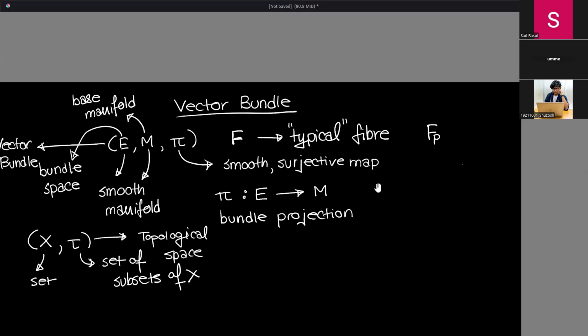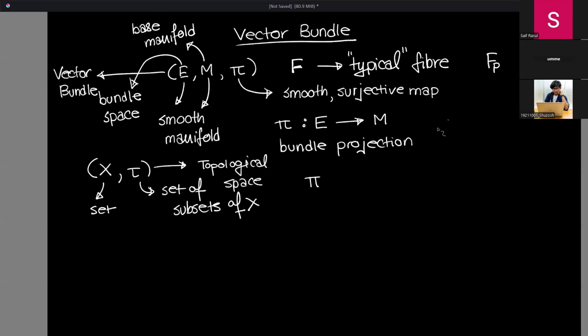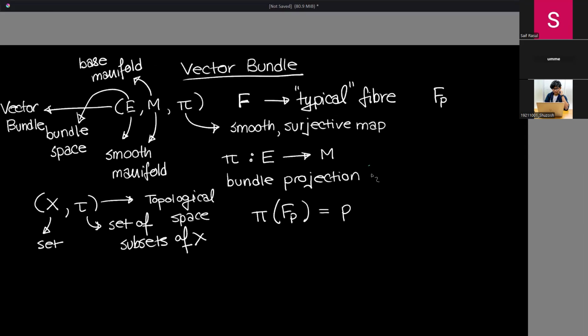So, right. Continuing, so pi actually takes this F_p and gives us back P. This is why it's called the bundle projection map.